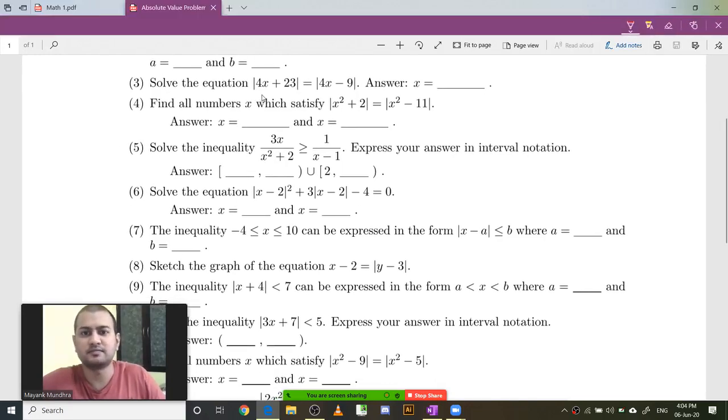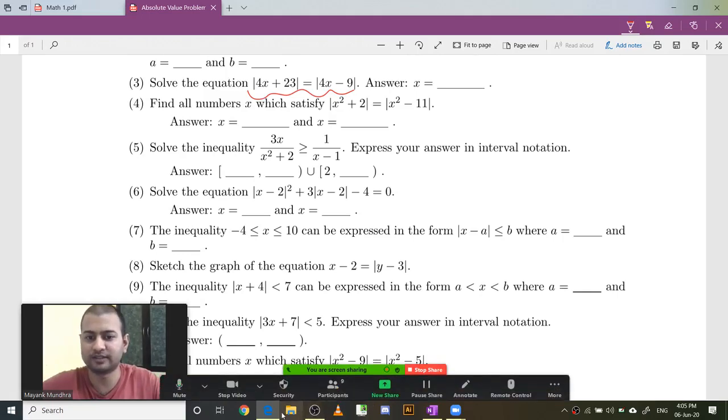For example, this problem: mod of 4x plus 23 equals mod of 4x minus 9. You have to find the value of x.